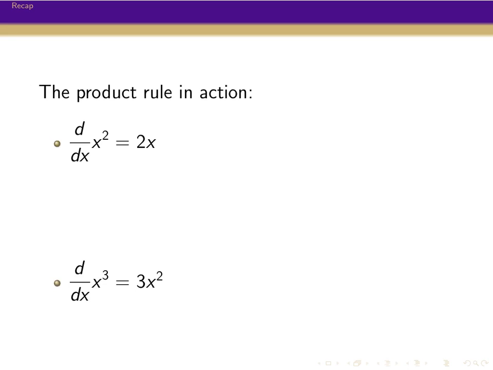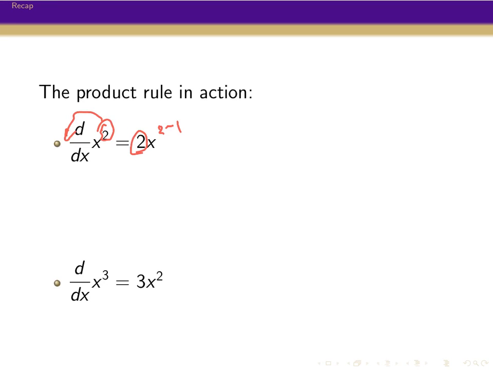And one thing to note, when we're looking at both of these derivatives, well, here I have x squared, and then I end up with 2x. So it's kind of like that power came down, and then the power of x up here is 1 less.